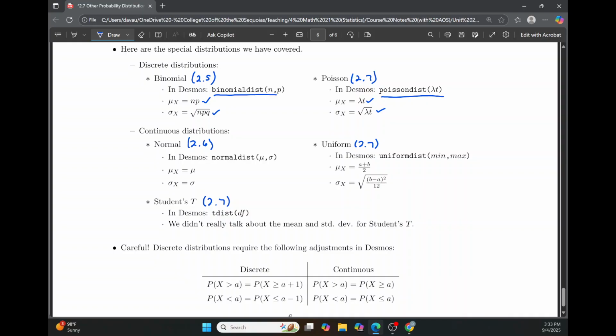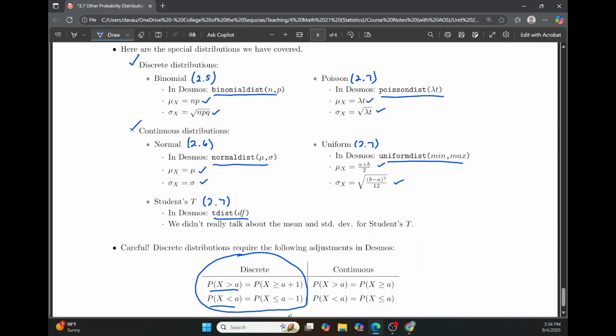The one thing that I want to say is that it's very important to keep track of whether the variable you're dealing with is discrete or continuous. If you're dealing with a discrete variable, then when it comes time to compute the probability that x is strictly bigger than a, or that x is strictly less than a, we'll have to do a little adjustment.